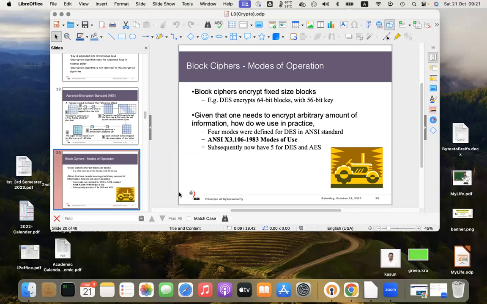Since both algorithms need a data block to be encrypted, our plain text should be equal to the block size or a multiple of the block size. But practically, when you do encryption and decryption, we may not have that. For example, in DES, perhaps we want to encrypt 9 bytes. DES uses an 8-byte block.